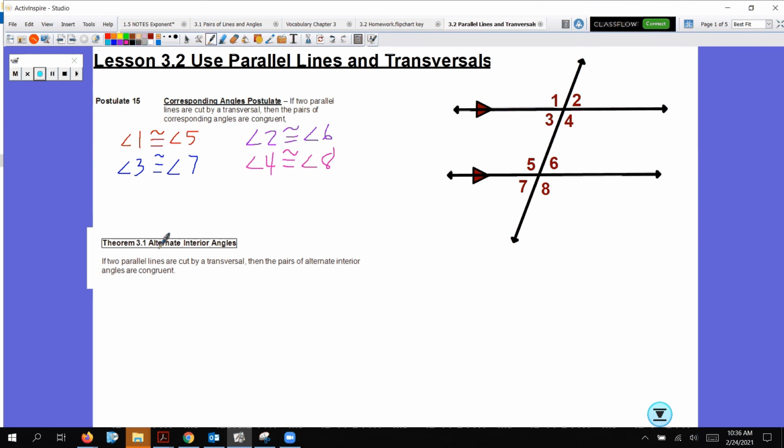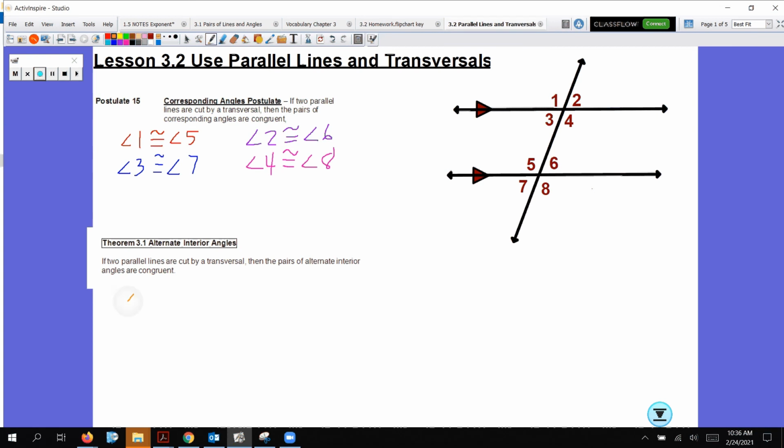All right, now we have theorem 3.1. Remember, we said theorems can be proven. If two parallel lines, notice the little triangles here, that's saying that they are parallel, are cut by this transversal, then the pair of alternate interior angles are congruent. Let's first identify the alternate interior angles. Remember, they alternate over the transversal inside the two parallel lines.